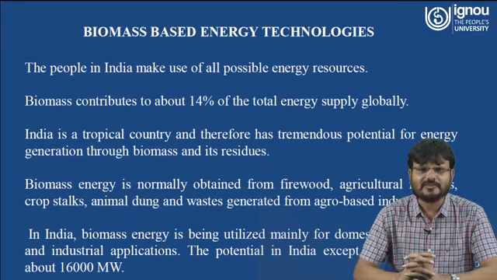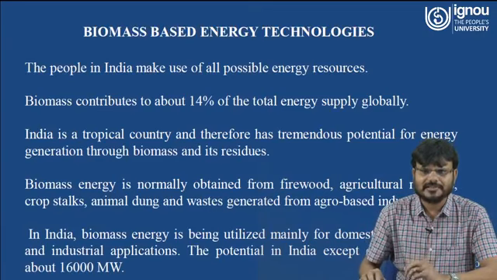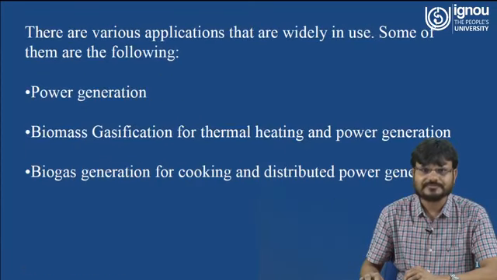Biomass energy is normally obtained from firewood, agricultural residues, crop stocks, animal dung, and waste generated from agro-based industries. In India, biomass energy is being utilized mainly for domestic, commercial and industrial applications. The potential in India, except cogeneration, is about 16,000 megawatt.